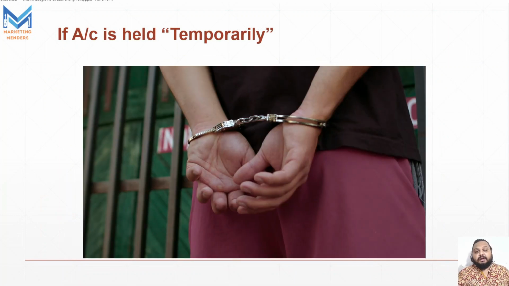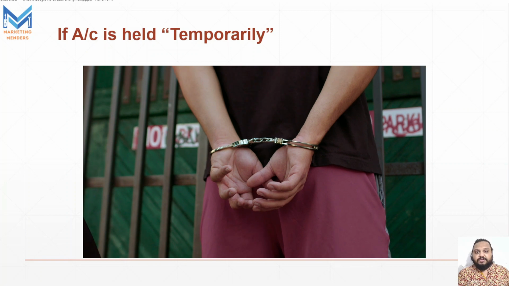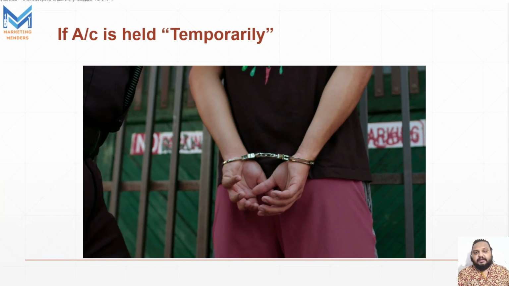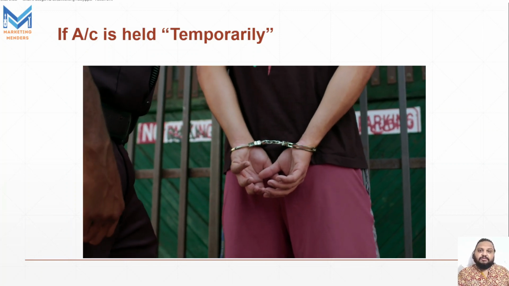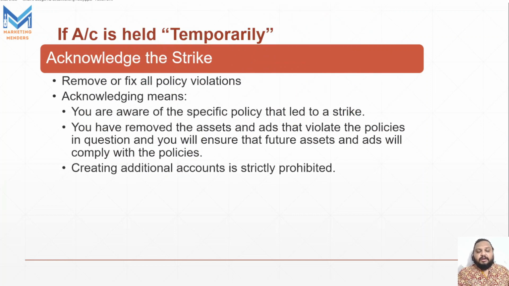Now, what happens if your account is held temporarily, like we have discussed in the case of the first strike and second strike, that it is held for 3 days or 7 days? In that case, first of all, you should acknowledge the strike. The moment you get a strike, you should acknowledge it. Now, how should you proceed?